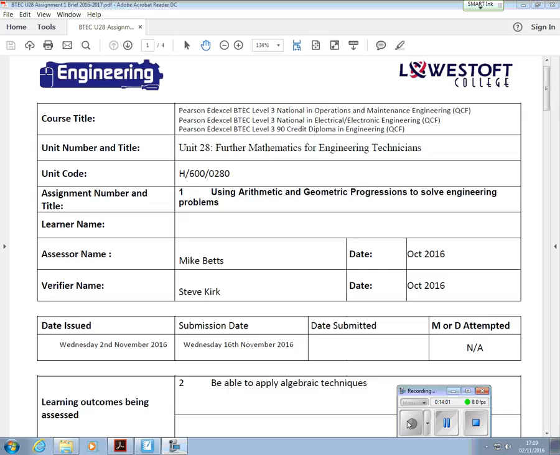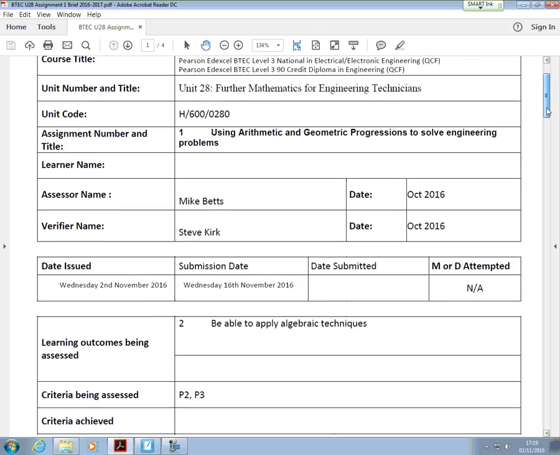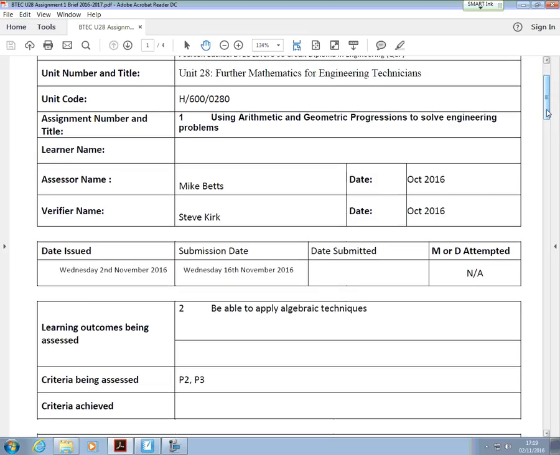Assignment 1, to go with assignment 6. I did toy with the idea of joining the two together anyway, but those two together are not much more than one assignment, and they still leave a little bit of learning outcome 1 and learning outcome 2 still to be covered. Assignment number 1, using arithmetic and geometric progressions to solve engineering problems, is being issued today and submitted no later than Wednesday the 16th.